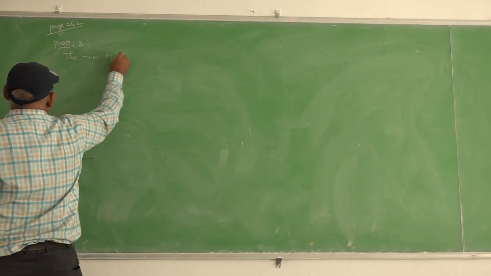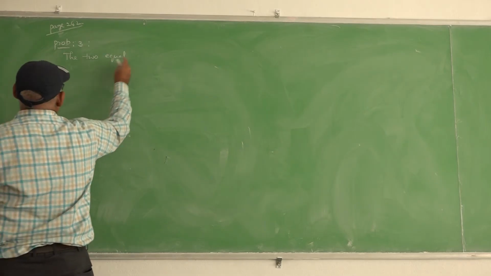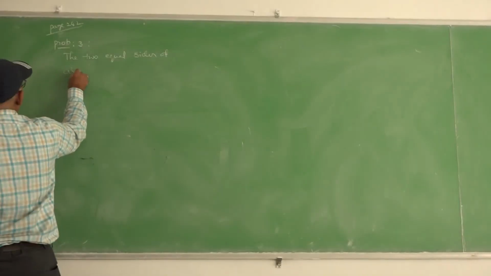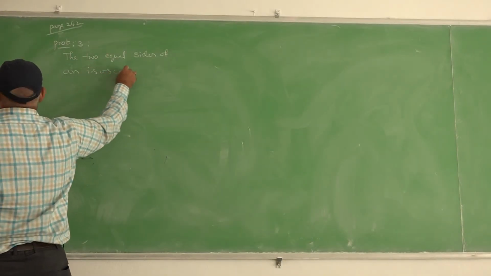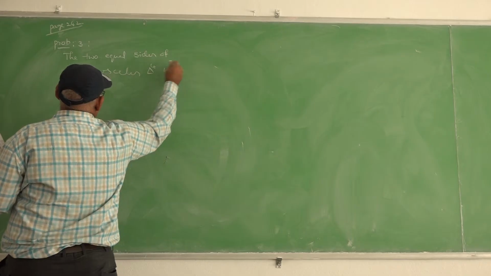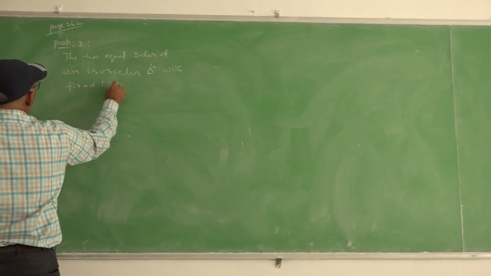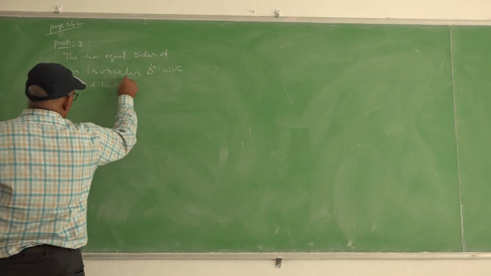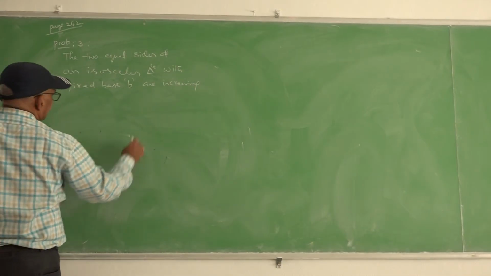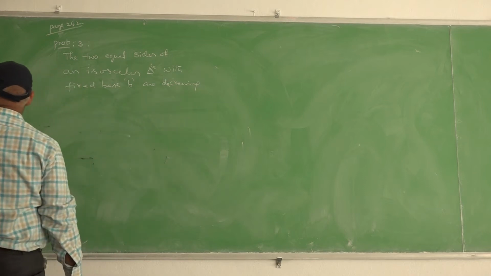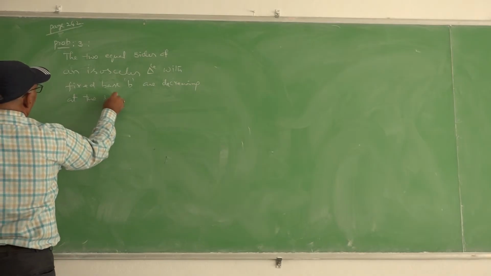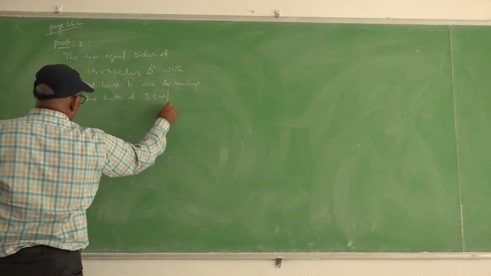The two equal sides of an isosceles triangle with fixed base b are decreasing at the rate of 3 centimeters per second.